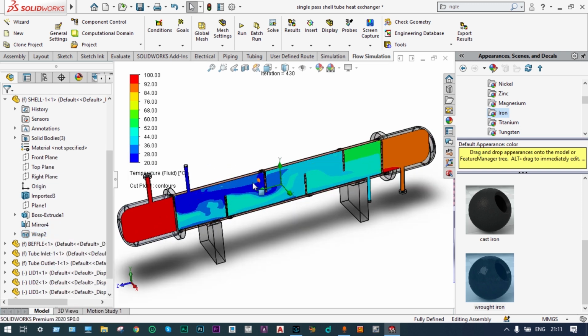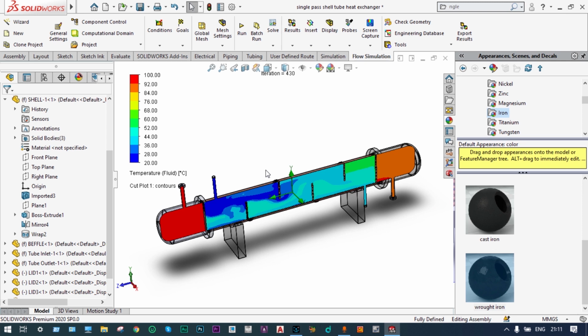Now you can see the flow pattern inside this shell. Initially at the entry point, temperature is very high, in the range of 100 degrees centigrade. As it is passing through the shell, its temperature is decreasing a little bit. And here at the entry of cold water also, you can see the temperature is very low.